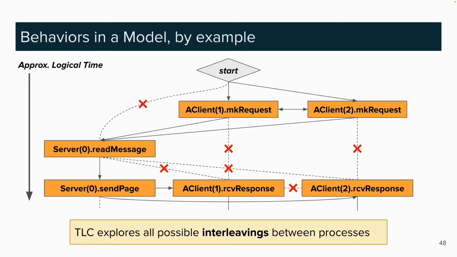After that, once the server reads a message, the client still can't receive a response because the server hasn't responded yet. That happens in a second label. So again, you have some other possibilities and impossibilities, and no concurrency in this step. Then when the server sends a message, at that point, one of the clients will receive that, and that will depend on who the server sent it to. But at this stage, not both, because it only sent one.